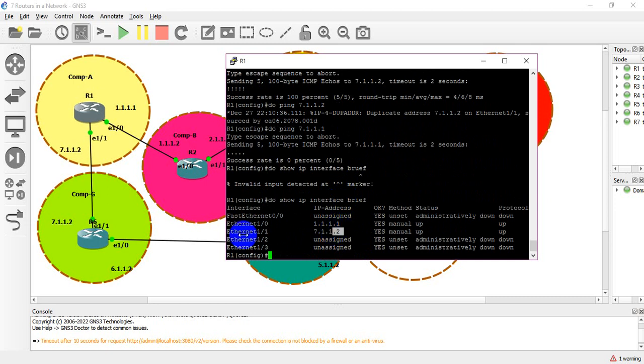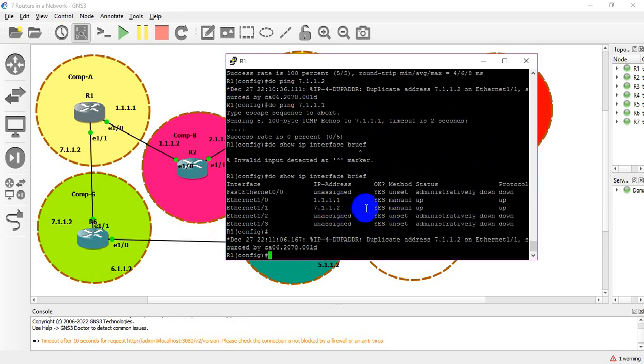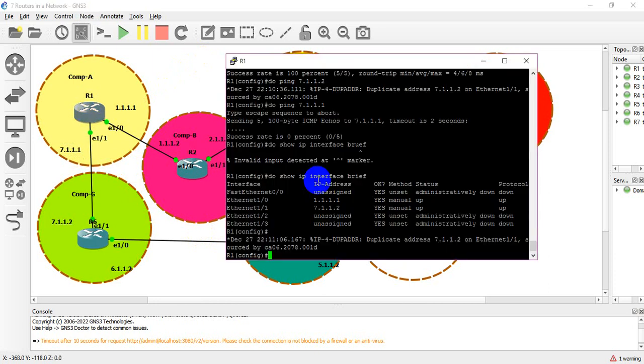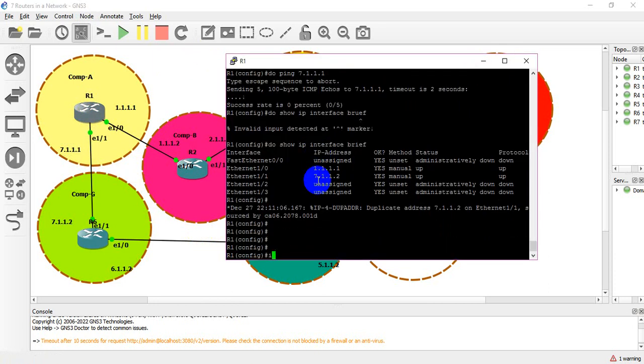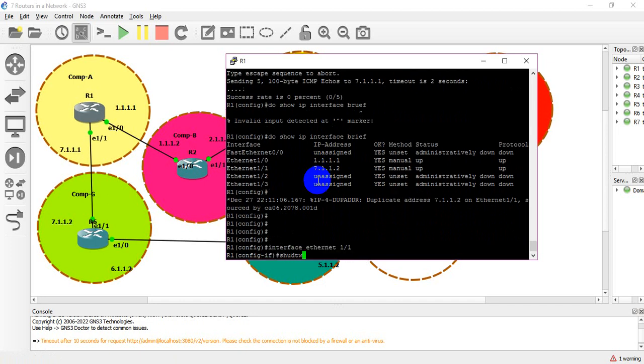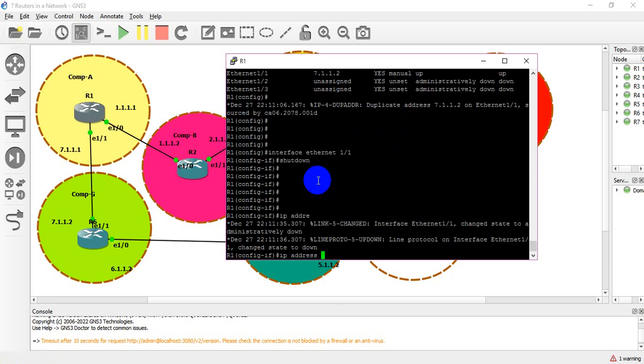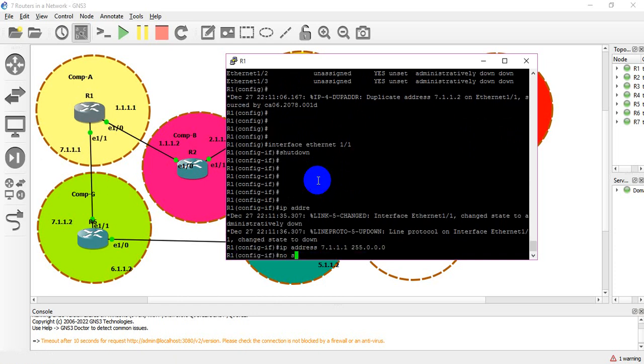So it's not possible. So I should make it correct. So 7.1.1.2, it should be that one. Let me correct it first: 7.1.1.1. So I should come to this one and write here interface Ethernet, make it down for communication now, and write here IP address 7.1.1.1 255.255.255.0 and write here no shutdown.